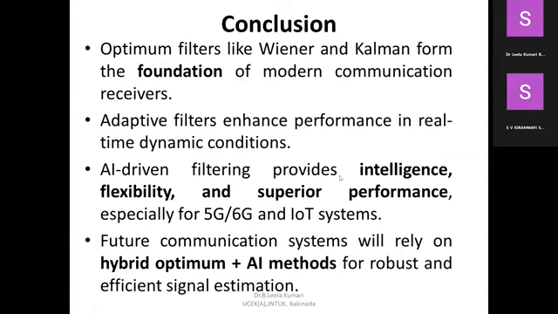Whereas AI-driven filtering opens the door to intelligent, flexible, and high-performance signal processing, which is critical for 5G, 6G, and IoT systems. And future communication systems will rely on the synergy of classical optimum filtering and artificial intelligence to achieve robust and efficient signal estimation.